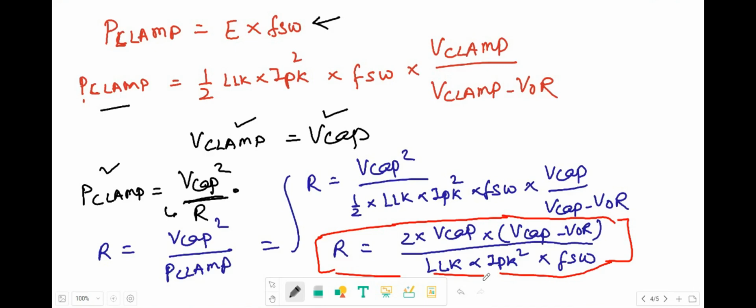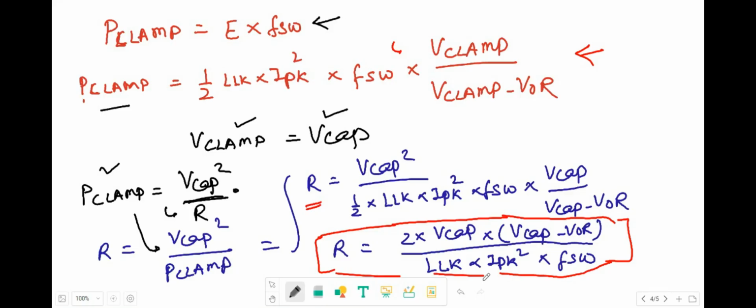So R equals V cap square divided by P clamp. Okay, P clamp, we already calculated here. This is your P clamp. So if you want to find the value of R, it is going to be V cap square divided by half LLK into I peak square into FSW into V cap divided by V cap minus VOR.